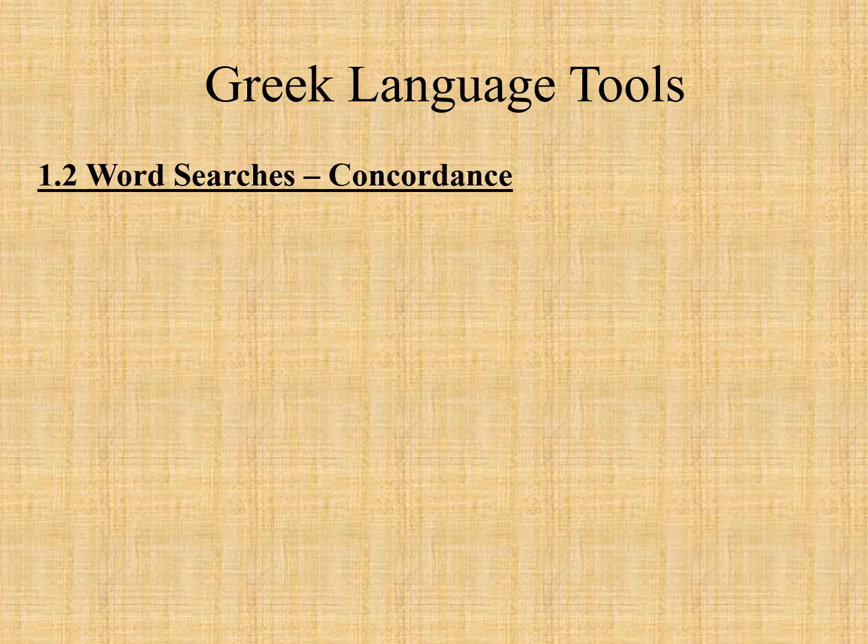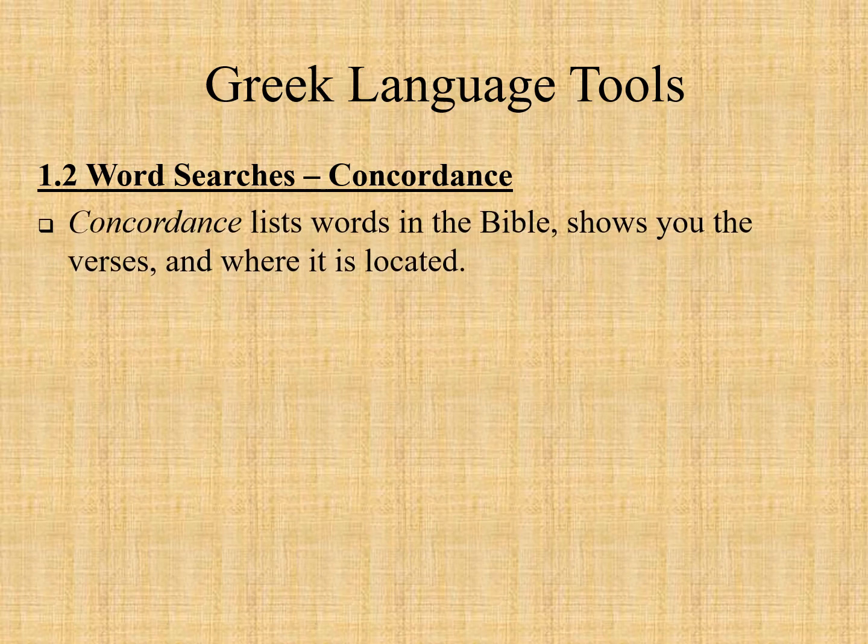So one of the most fundamental skills for any Bible student is to do word searches and word studies. And in order to do that, you need to be able to use a concordance. A concordance is basically a thick book that lists words in the Bible in English alphabetical order.